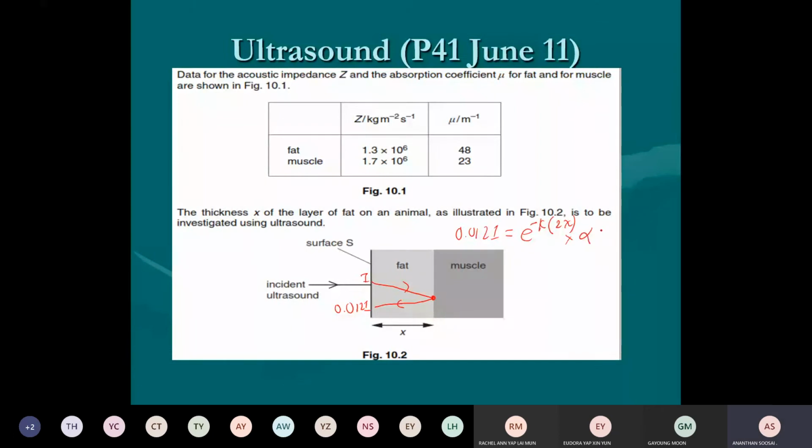So alpha is your reflection coefficient. This is what must come to your mind: 0.012 I equals e negative K 2x, alpha, times I.